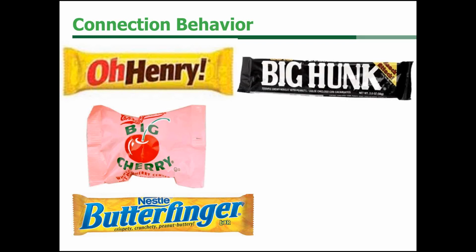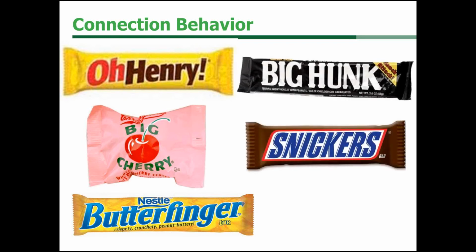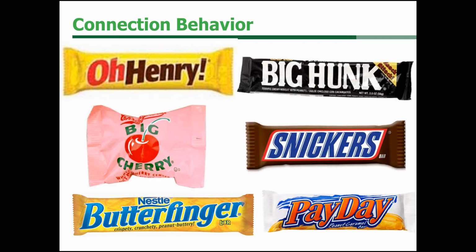Now, the question of the day, this is a big question, is which type of candy would you choose as a very good balance between ductile and brittle? So we've got O. Henry, Big Cherry, Butterfinger, Big Hunk, Snickers, or Payday.